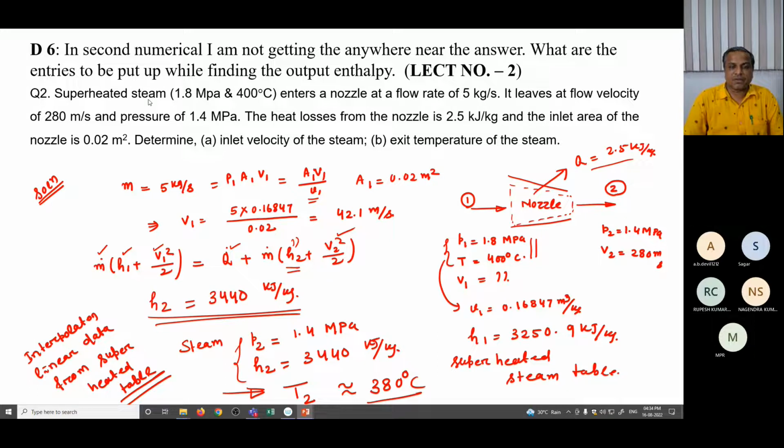And of course, heat loss from the nozzle is 2.5 kilojoule per kg. So we know this heat loss from the nozzle. Here, heat loss means it is outward.